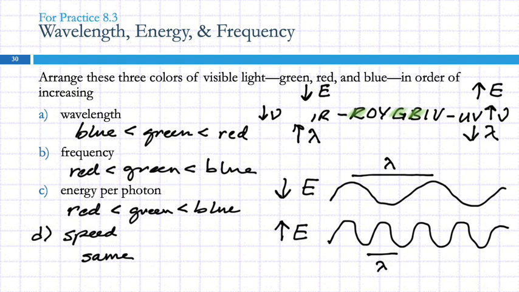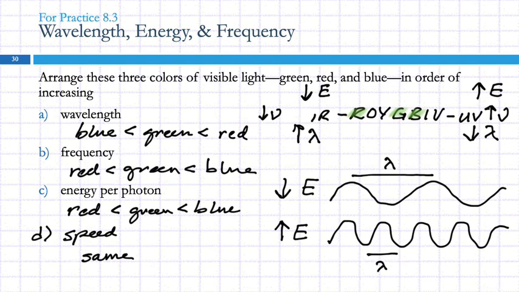Yes? So E goes with wave, V goes with frequency, or is it? Energy and frequency are directly proportional. So high energy is high frequency. You think about getting pounded by waves at the beach, right? If they're coming at you really fast, frequently, that's going to knock you over, as more energy.